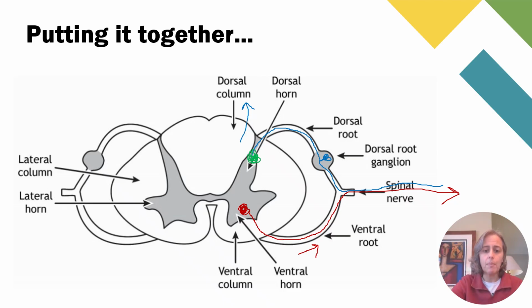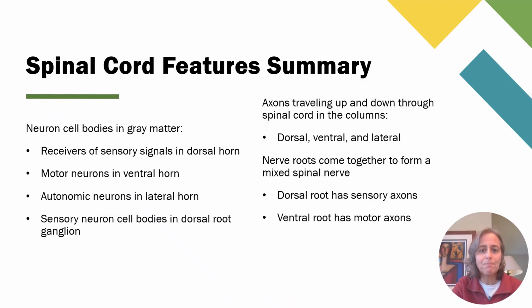So you can also imagine that we have motor axons coming down from the brain through that ventral column, right? And they're coming down and telling this neuron, okay, fire, and tell this muscle to contract. So that's putting it all together.